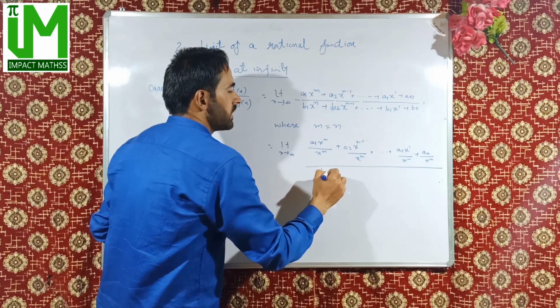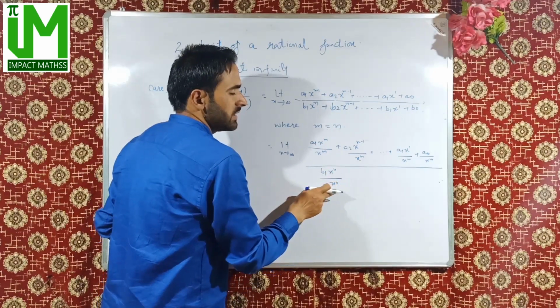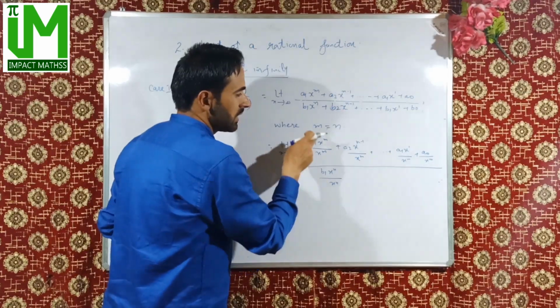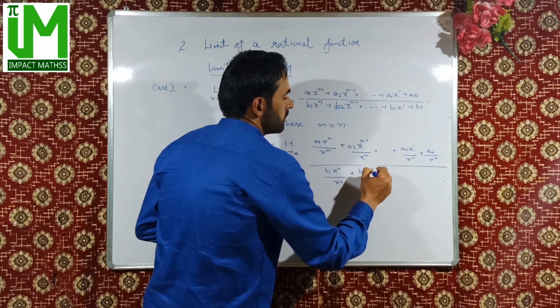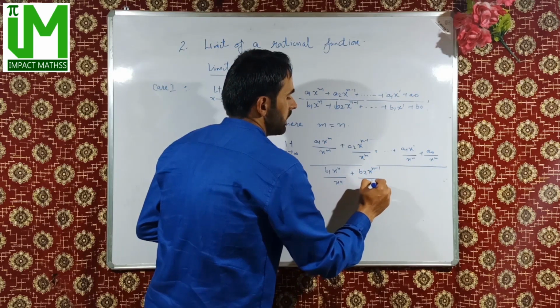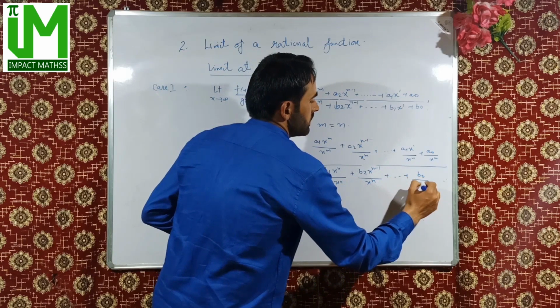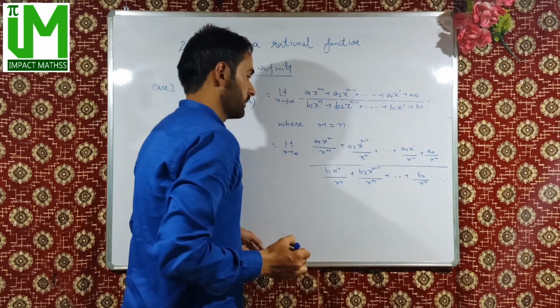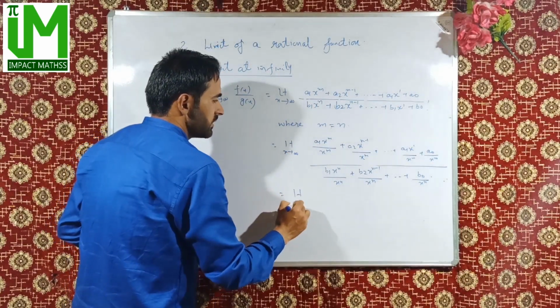divided by b1 x to the power n divided by x to the power n, because m and n are the same, plus b2 x to the power n minus 1 divided by x raised to power n plus up to b naught divided by x raised to power n, and this will be limit x tends to infinity.